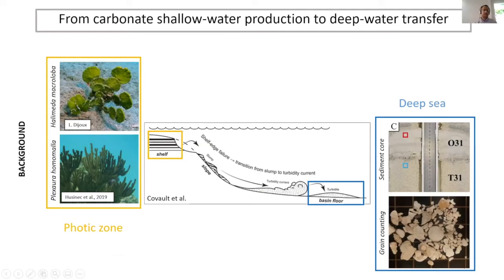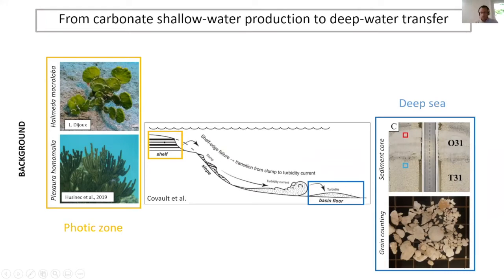In a tropical carbonate system, you have a production of diverse bioorganisms on the shelf. I put there two examples, such as calcareous Halimeda, or a wide range of corals in the shallow water realm. And episodically, these biogenic particles are flushed into the deep sea.